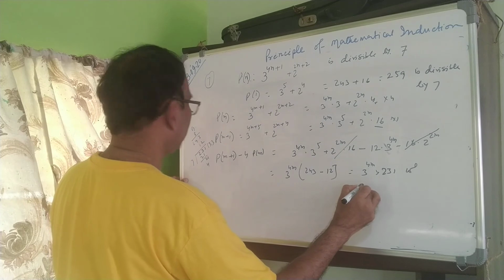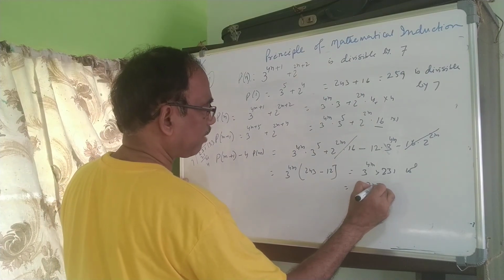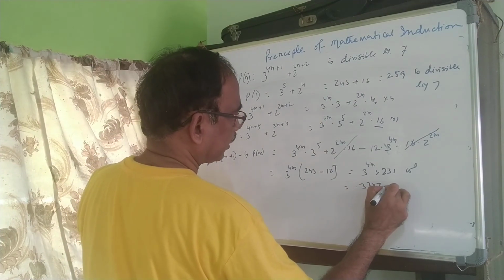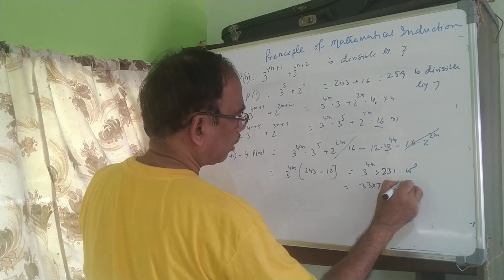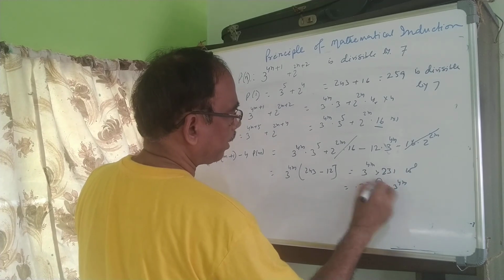That is 33 into 7 into 3 to the power 4m, which is divisible by 7.